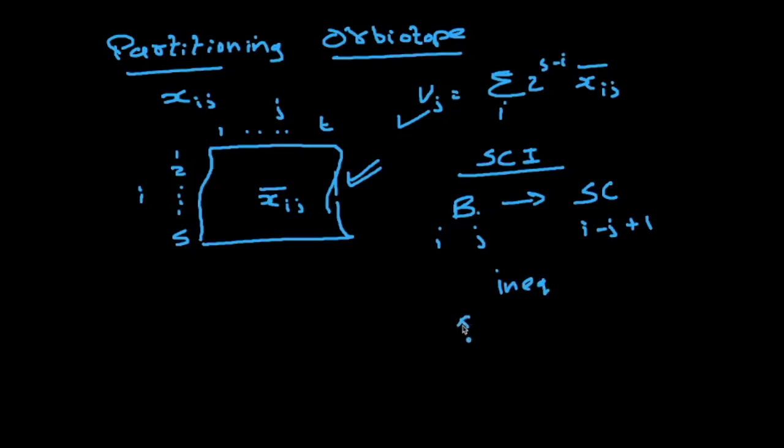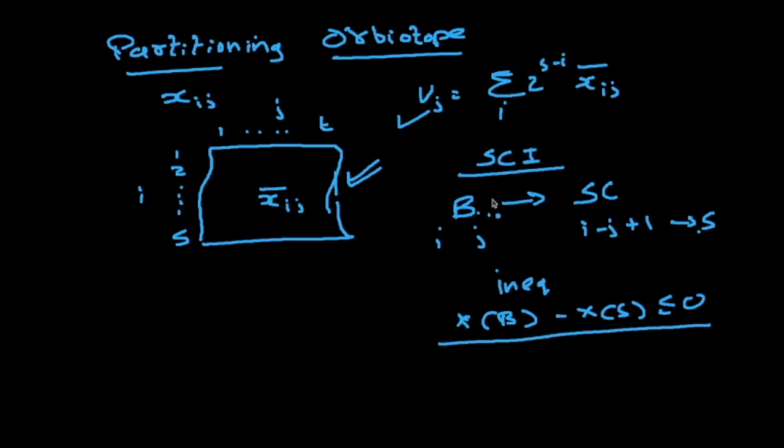Let's represent this inequality as xb minus xs is less than or equal to 0. These are the different s that we get from here. So xb minus xs less than or equal to 0. Clearly this is one shifted column inequality, and if we add all of these shifted column inequalities, then we have modeled this requirement, right?